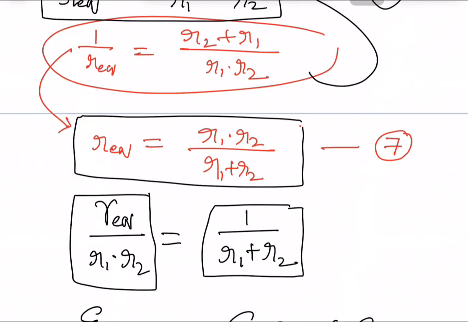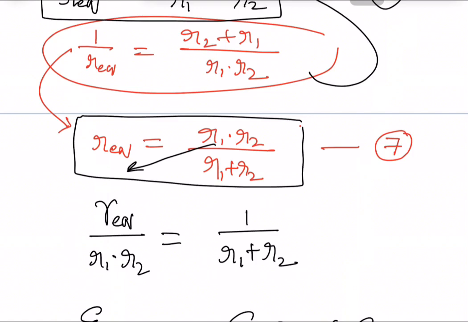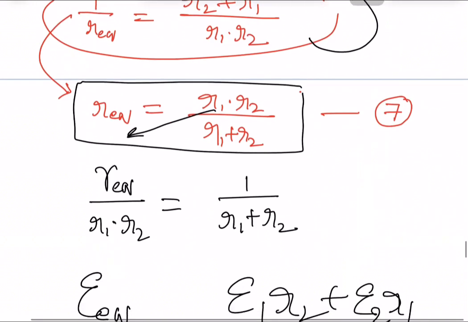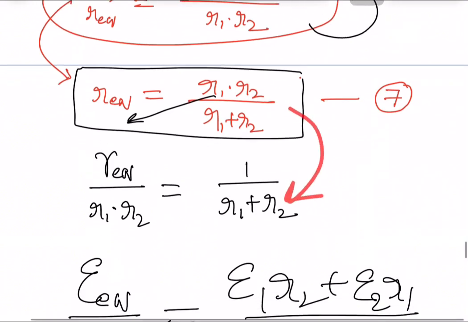So, R equivalent divided by R1 R2 is equal to 1 divided by R1 plus R2. So, you will get this equation from this.